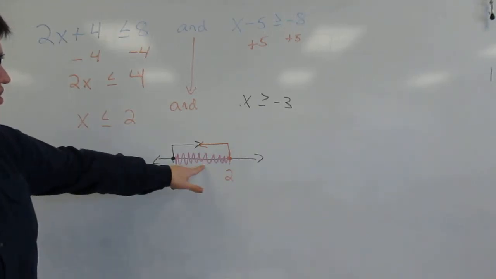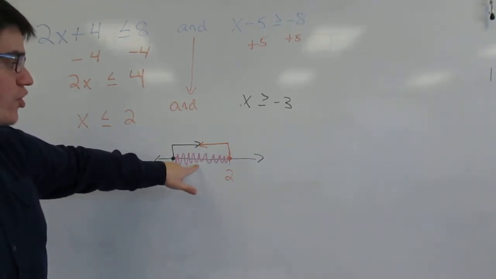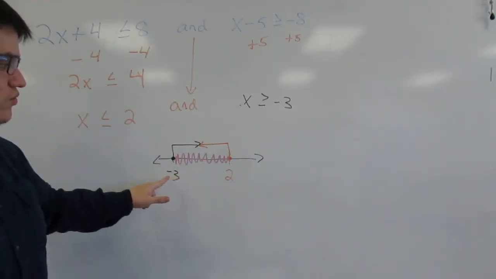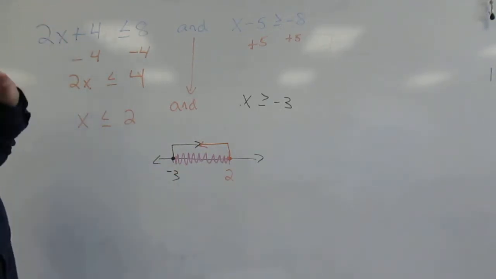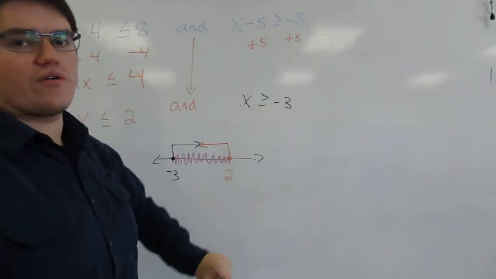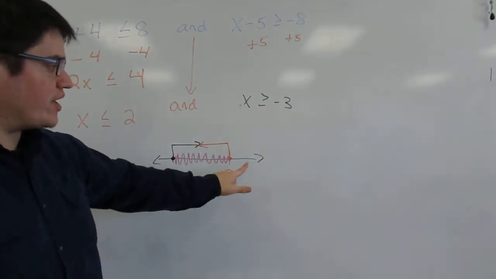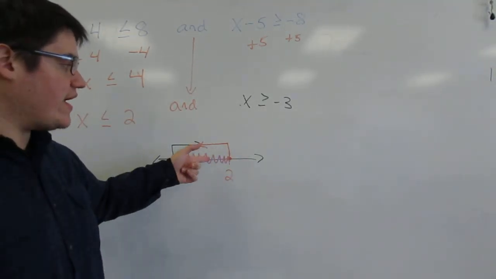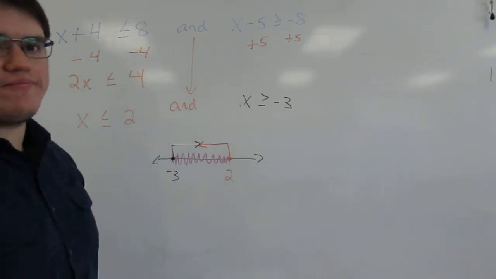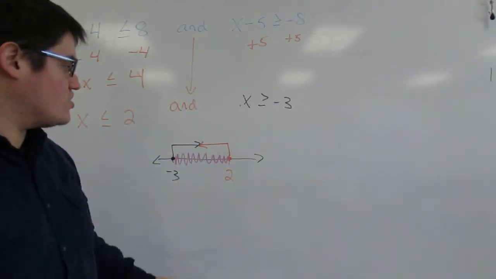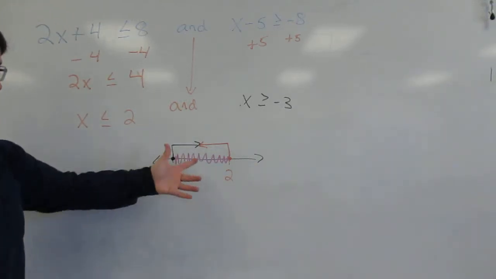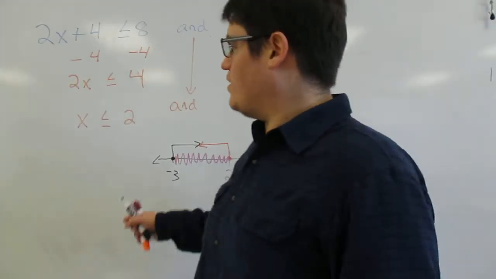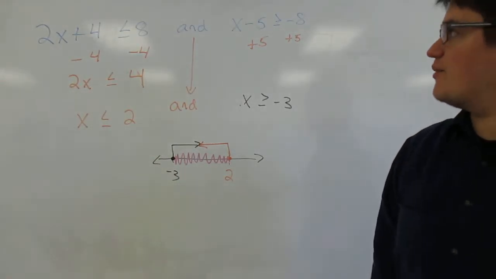So again, all the numbers that are inside the purple here, between -3 and 2, are the only numbers that work for this one and at the same time work for that one. If you were to pick a number out here, well, it would fail one of them, this guy. Okay? So the numbers in the purple work for both. You can even test it out. You can pick like 0, that's in between them, and you'll see that it works for that one and at the same time works for the other one.